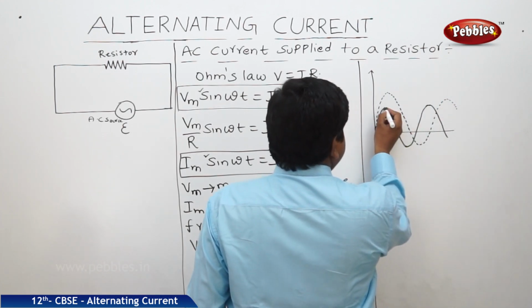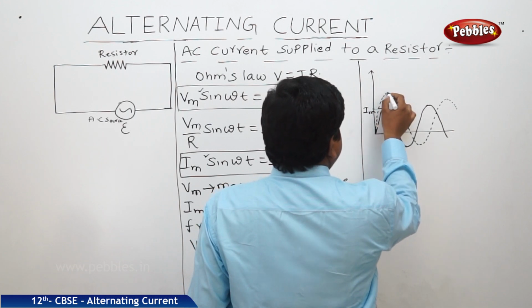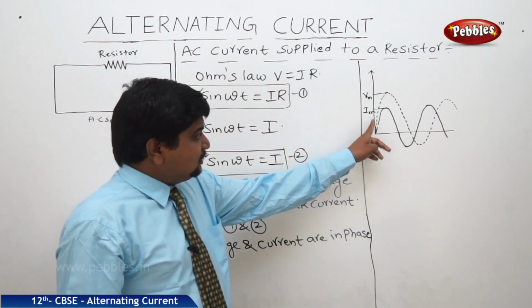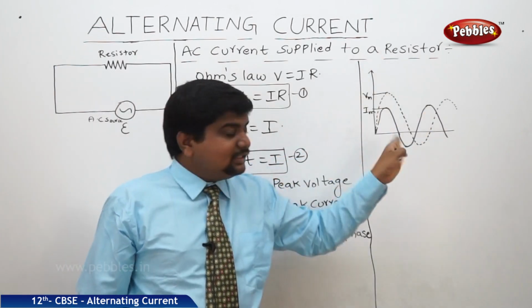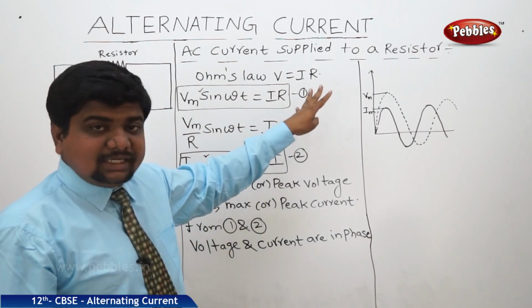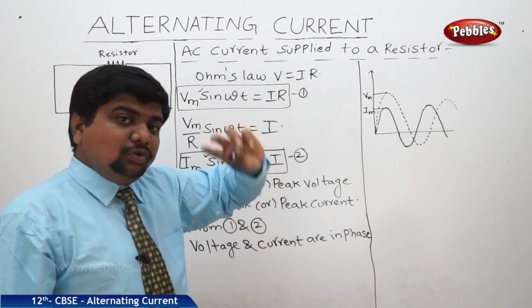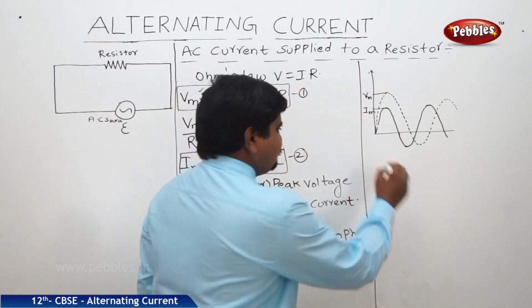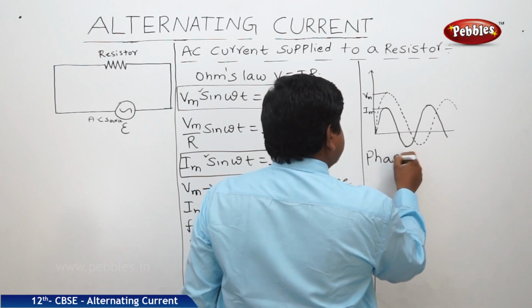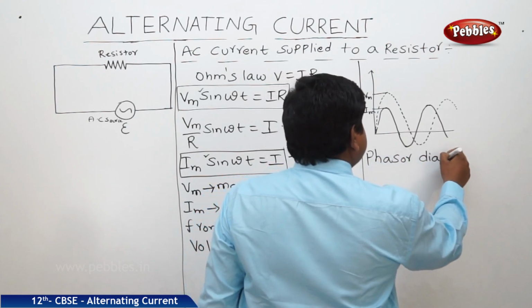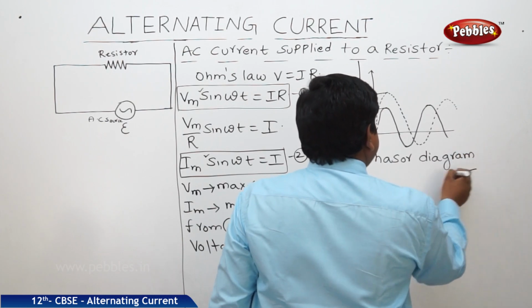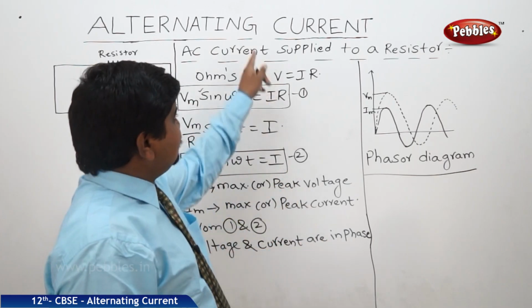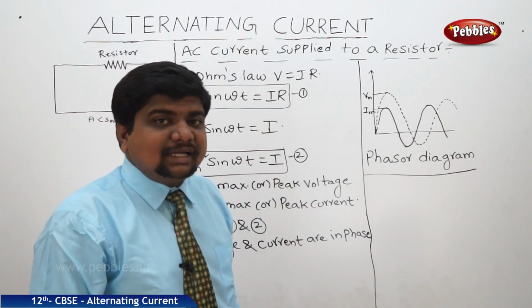Maybe this is Im, this is Vm. Amplitudes may be different, but this I and V both are in the same phase. This is the way to represent the phase relation between the two physical quantities which can exist in the alternating current. These type of diagrams are called phasor diagrams. Phasor diagram means which shows the phase relation between two physical quantities that are associated with the alternating current.